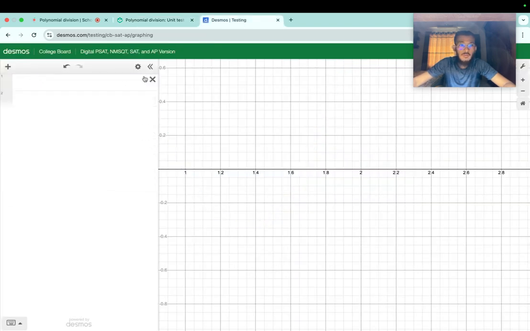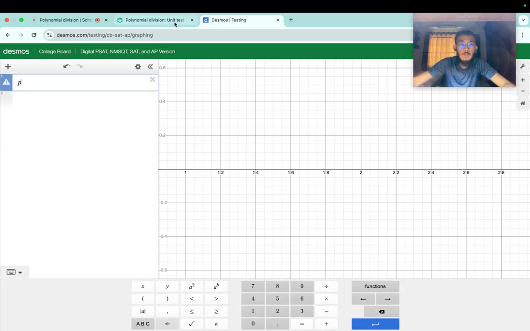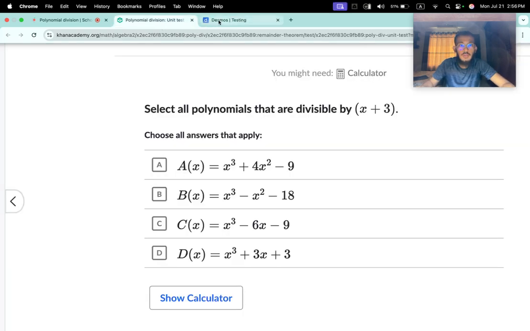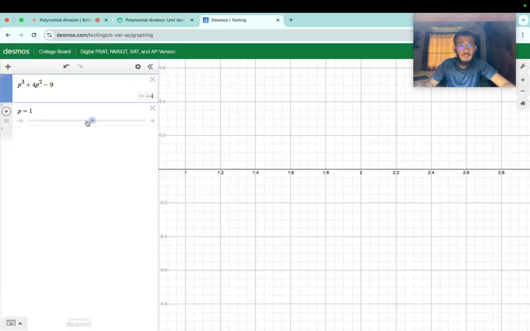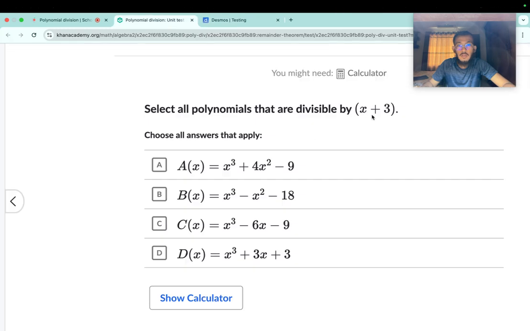I'm going to denote the polynomial as p(x): x cubed plus 4x squared minus 9, and we plug in x as negative 3, because we're dividing by x plus 3. The remainder is 0, so A is our answer.